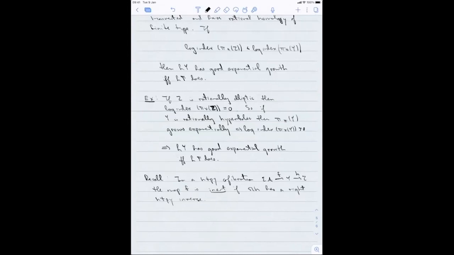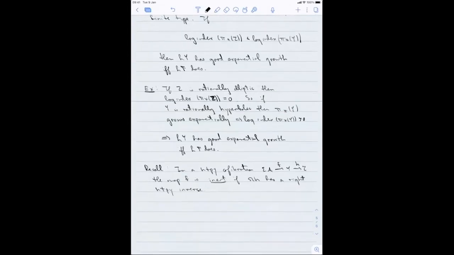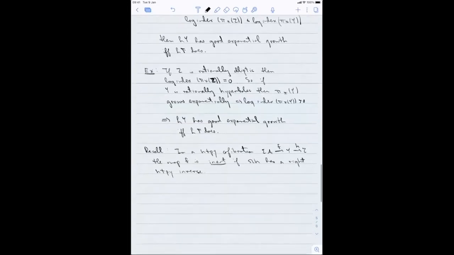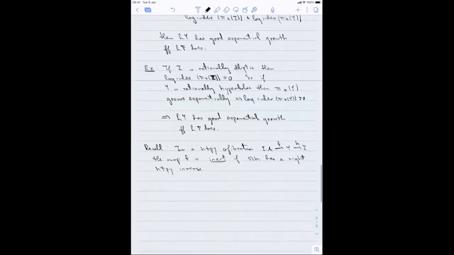So this was this generalization we talked about before of the notion of rationally inert. The rational people would just use their version of inert, but this is a sort of generalized version of it. And we'll make a slightly stronger definition.